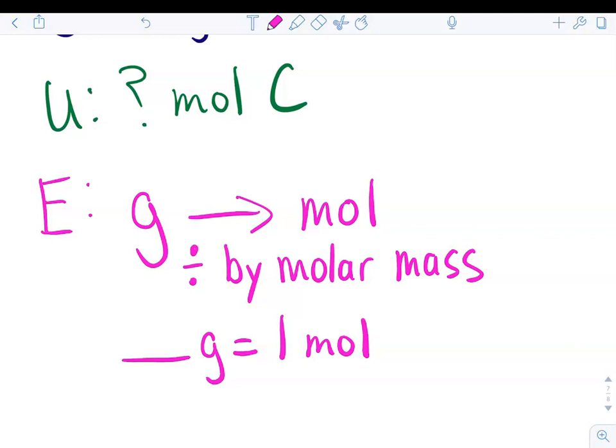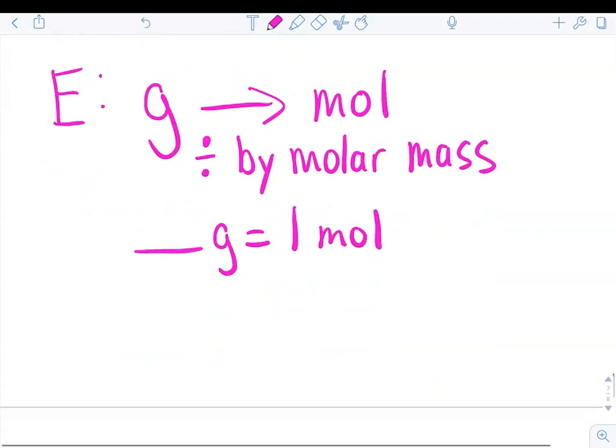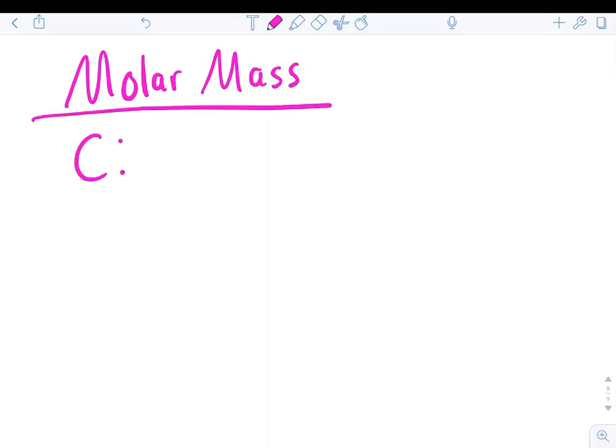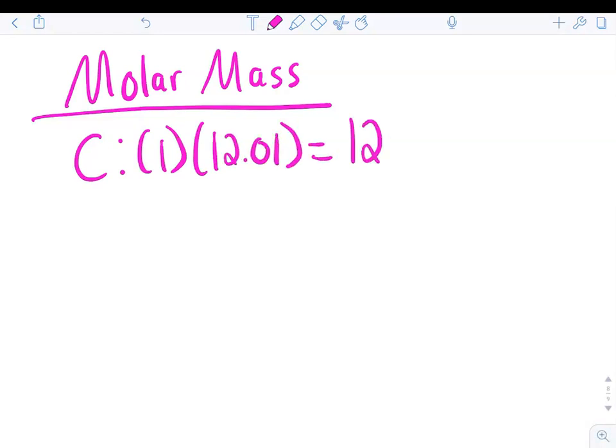Now, if I'm dividing by molar mass, that means that I actually have to find the molar mass. And so we have carbon, we have 1, its mass is 12.01. So that means 12.01 grams per mole of C. That's not new, okay?